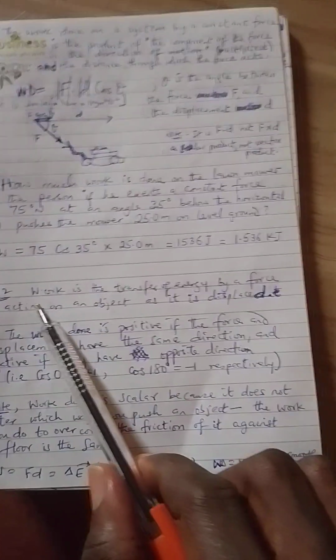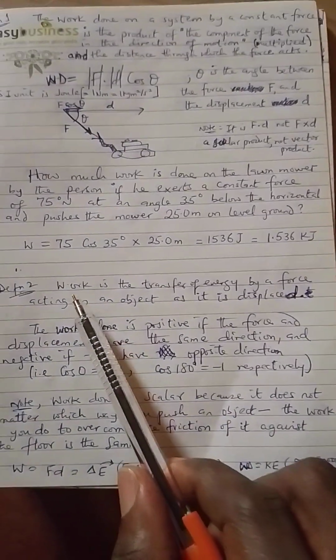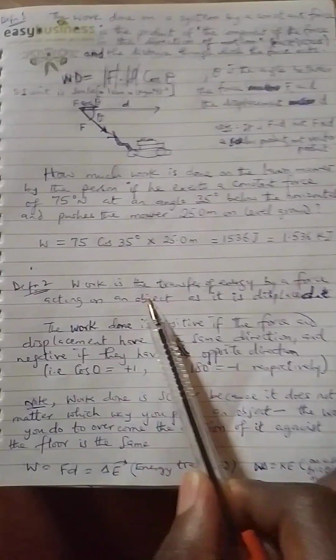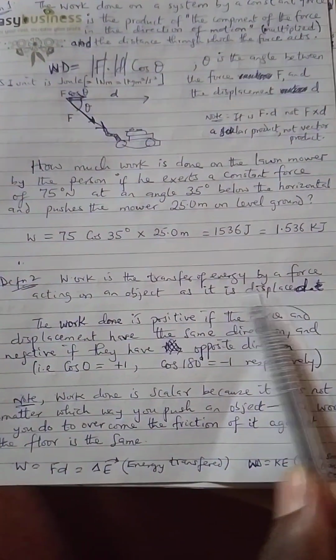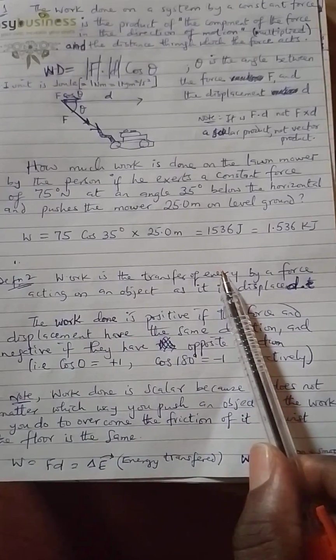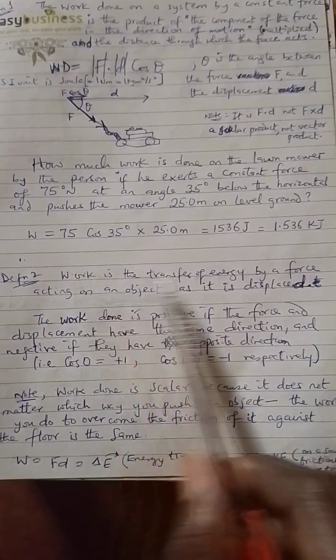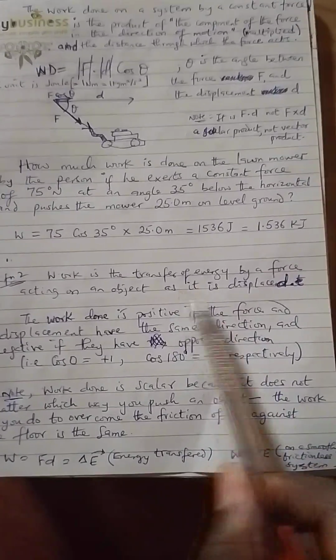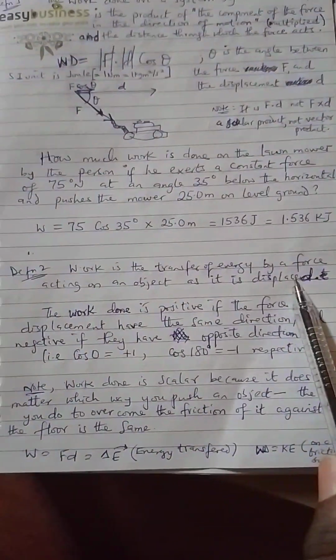Another definition for work is the transfer of energy by a force acting on an object as it is displaced. So work involves transfer of energy. So the relationship between work and energy: work is the transfer of energy to an object as it is displaced in the direction in which the force acts, okay?